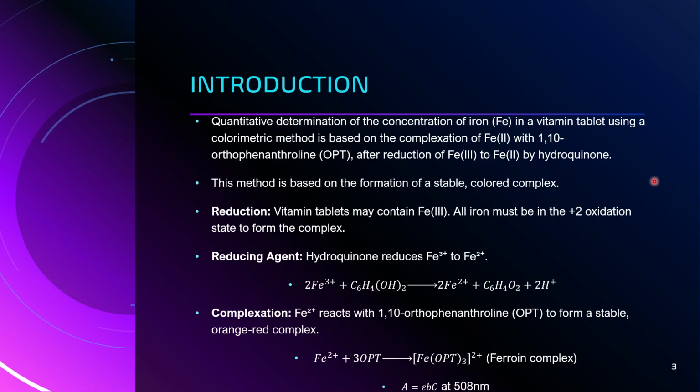So this will form a stable colored complex between iron and OPT, and here is the equation which will be used in explaining the formation of the complex with ferrous.